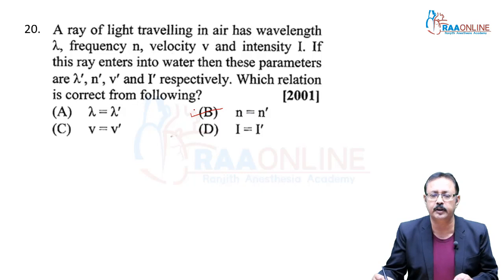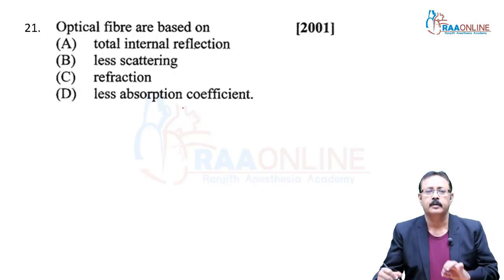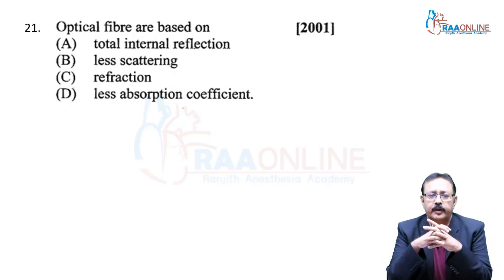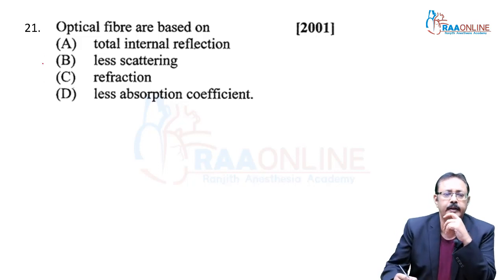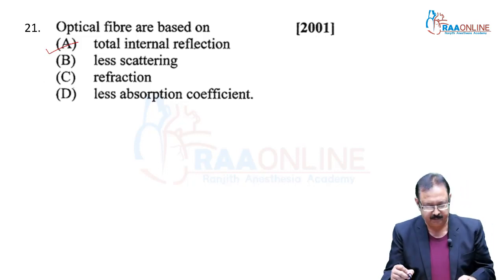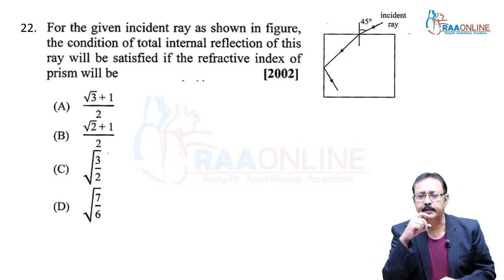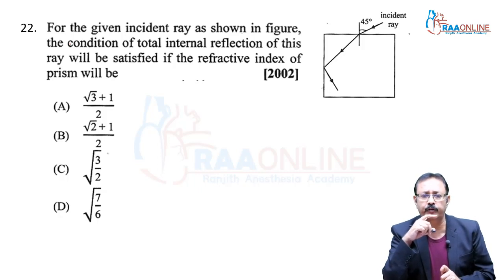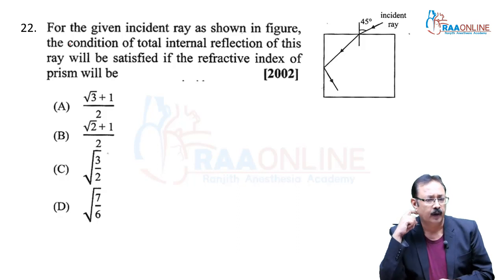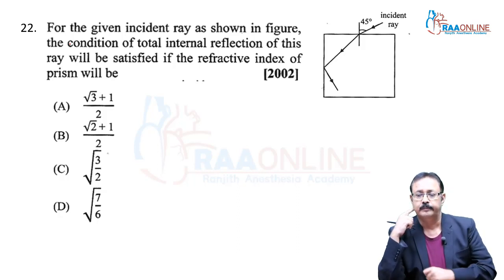So we will go with option B. Again from 2001, optical fibers are based on total internal reflection. Next, for the given incident ray as shown in the figure, the condition of total internal reflection of this ray will be satisfied if the refractive index of the prism will be.